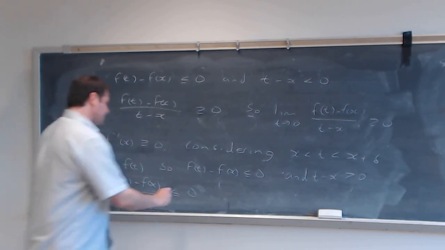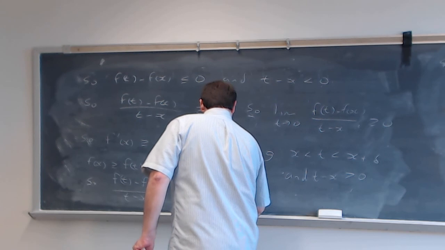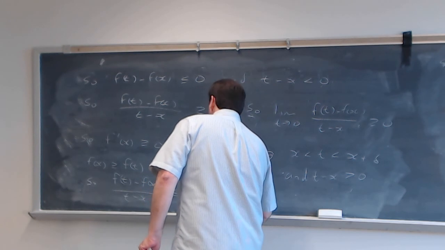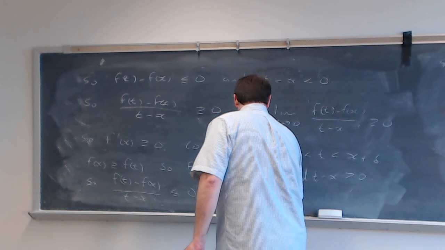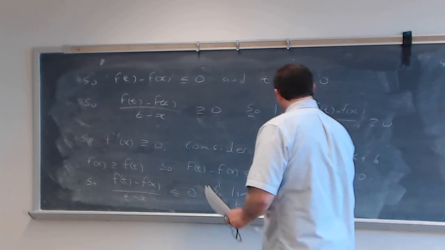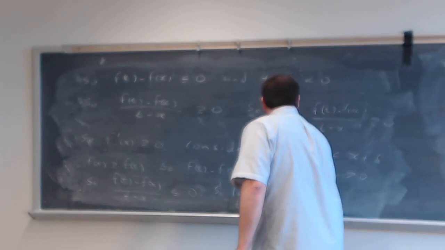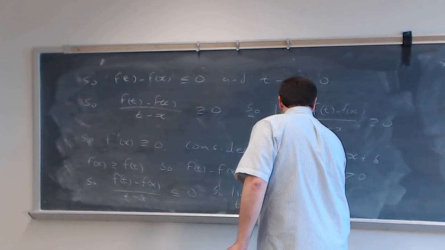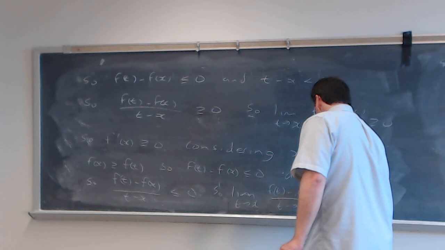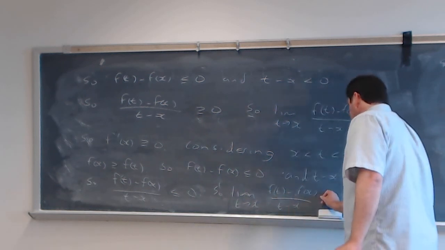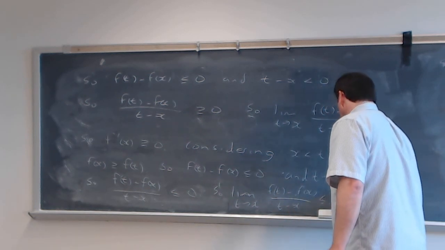So what that says is, that implies that the limit as t goes to x, and this should have been t going to x, I don't know why I said that, of f of t minus f of x all over t minus x, that has to be less than or equal to 0.